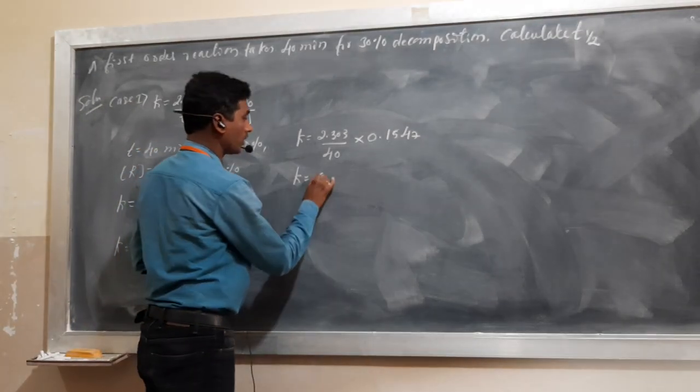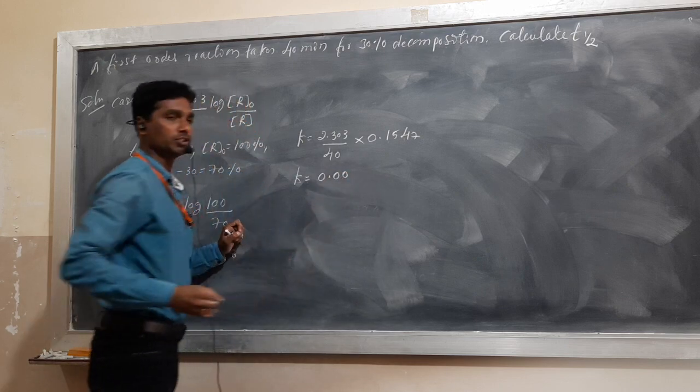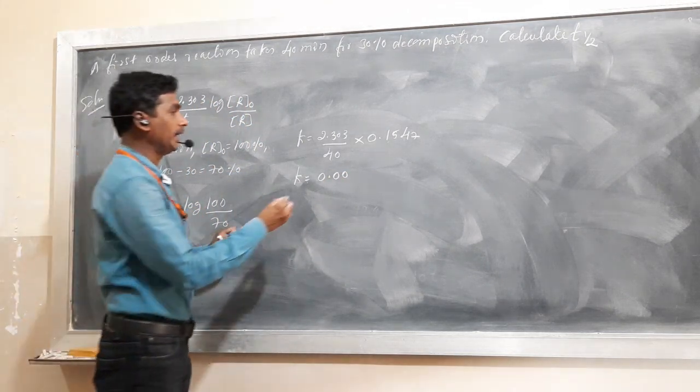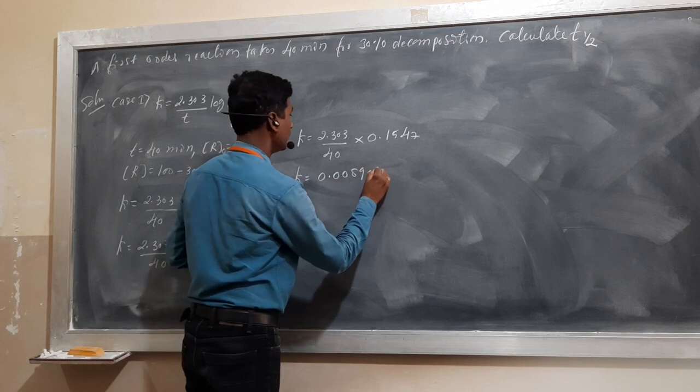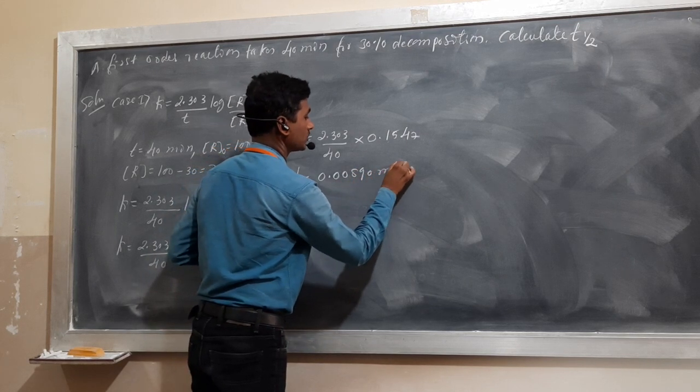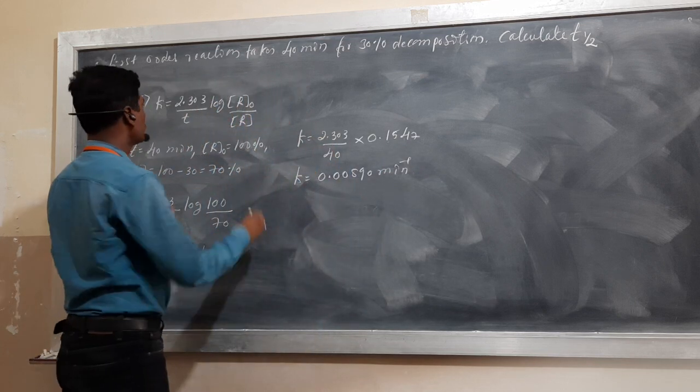So we can get 0.00890. The unit of K for first order is per minute. So this is case 1.